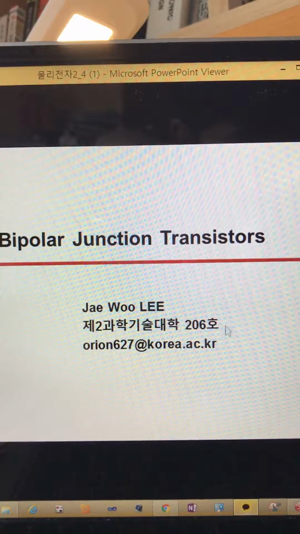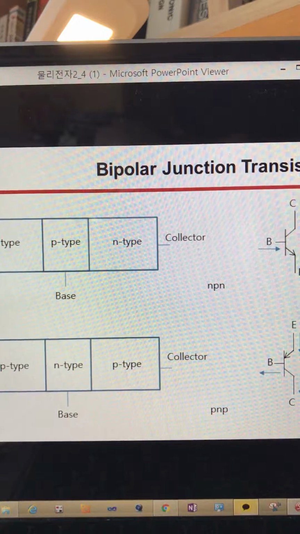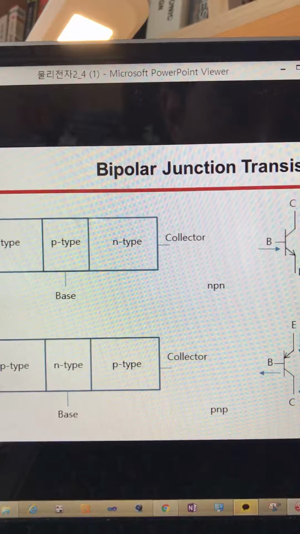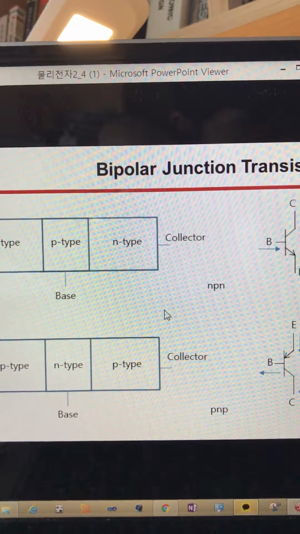BJTs are bipolar junction transistors. Bipolar transistors use two carriers and eventually flow more current.